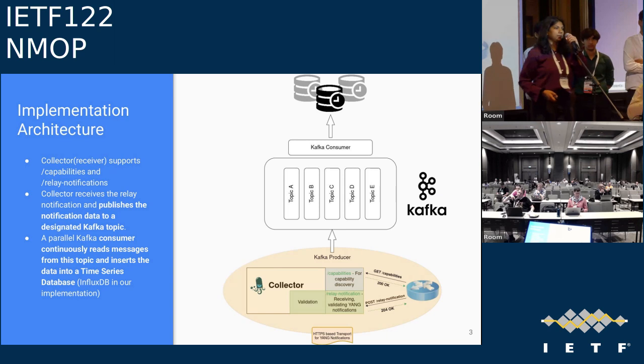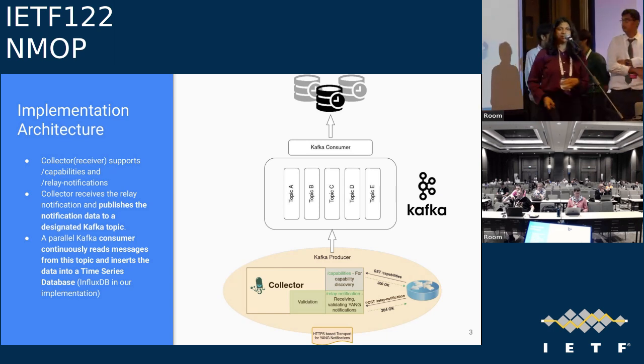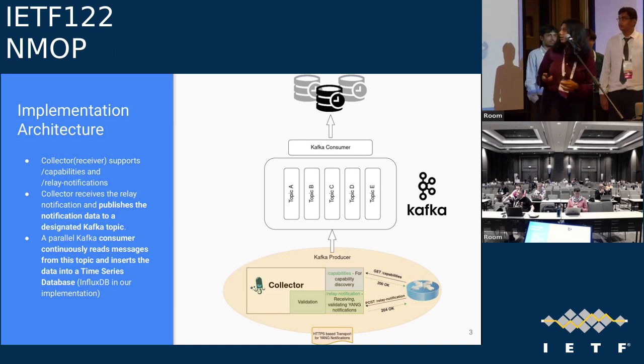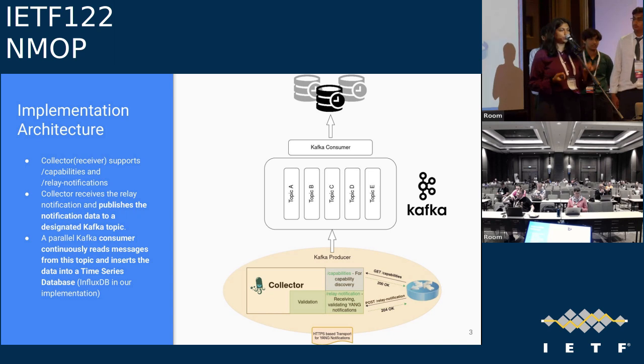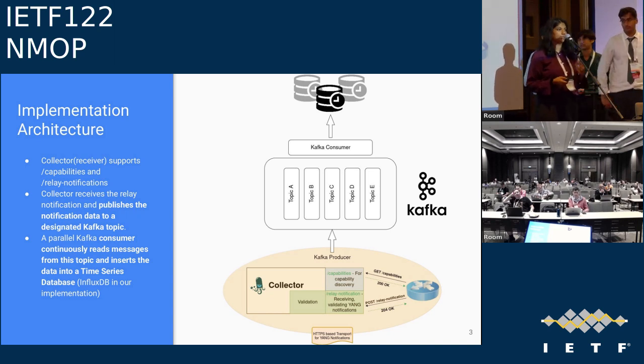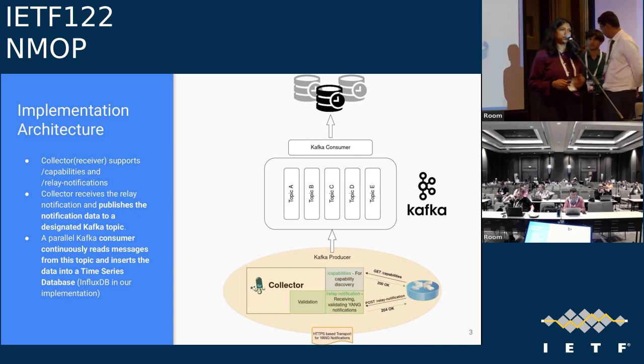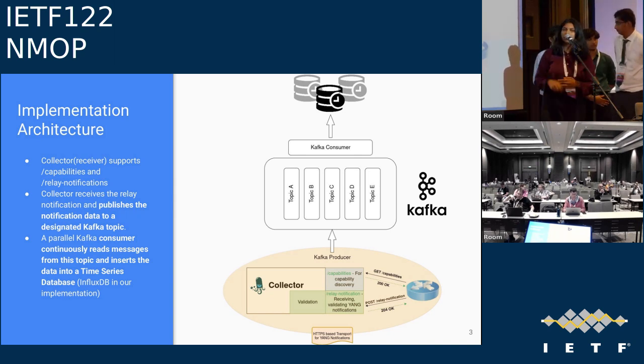For our implementation, we used Python, and we implemented the collector as an HTTPS Flask server. It has two endpoints, the relay notification endpoint and the get capabilities endpoint that Siddharth has already explained. In addition, to store the relay notifications, we've also integrated our collector with Kafka and a TSDB.